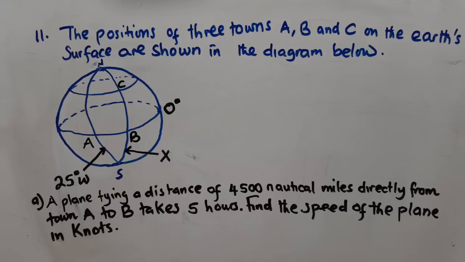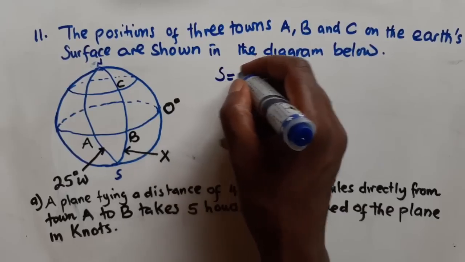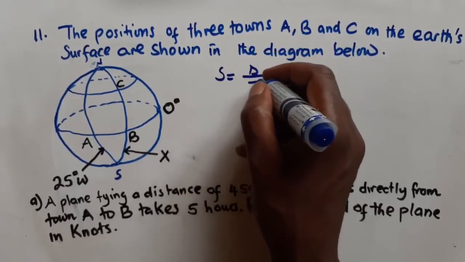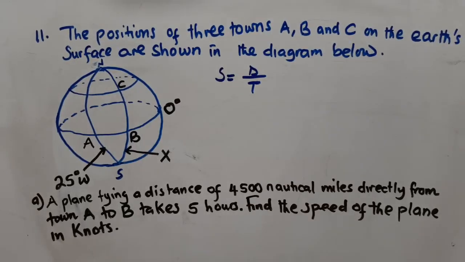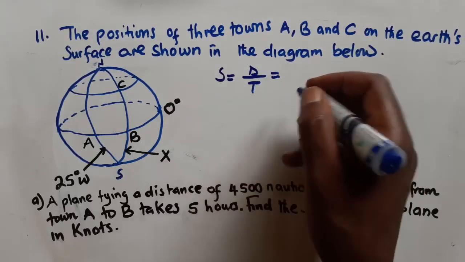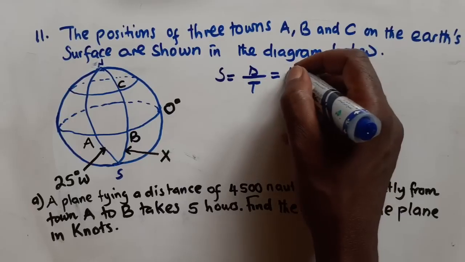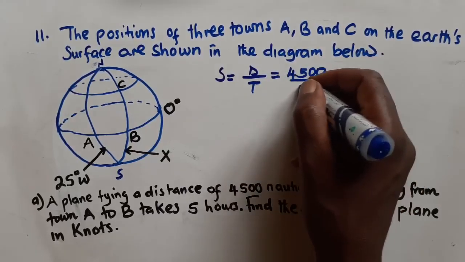All right? So there's speed. Speed is involved here. So we know that speed is equals to distance over time. Speed is equals to distance over time. So what is the distance here? The distance is 4,500 over time.